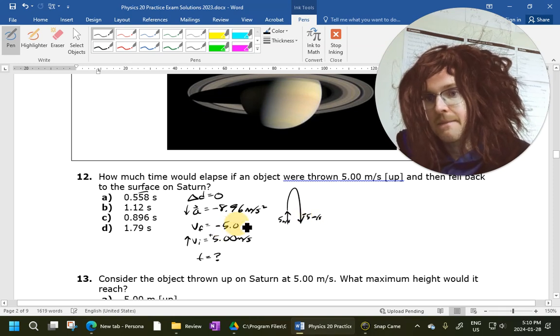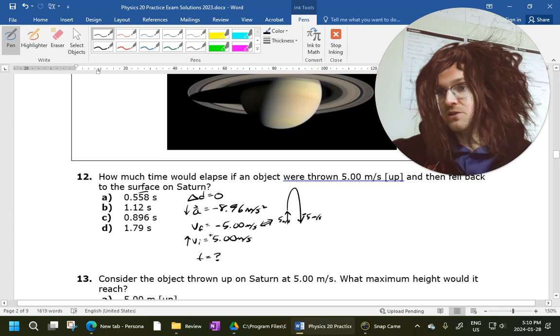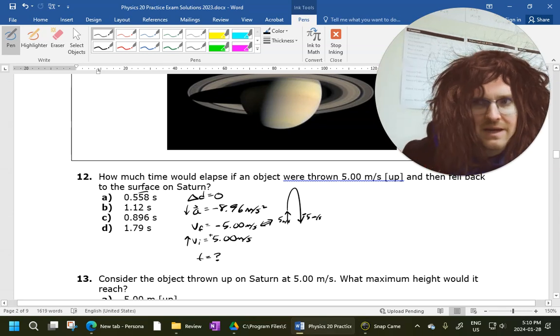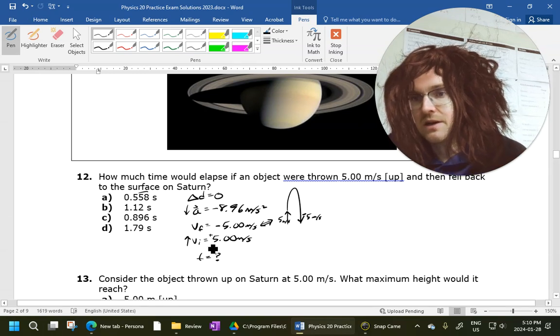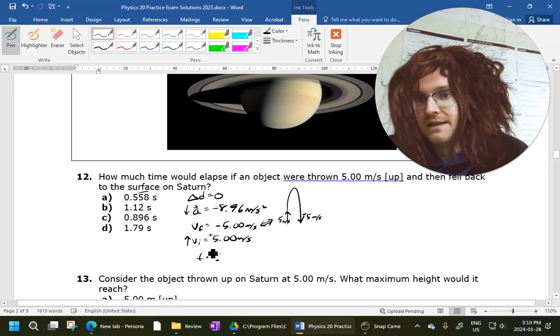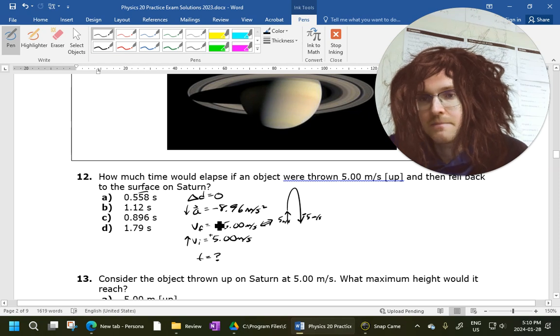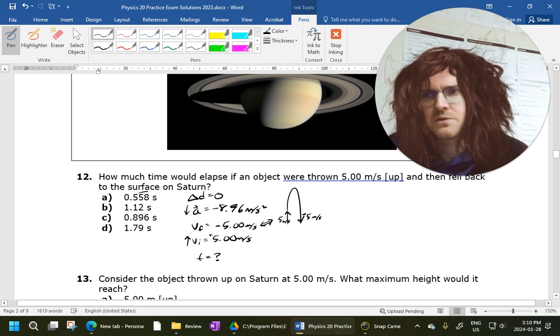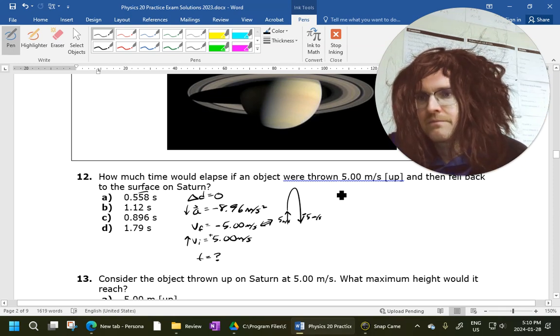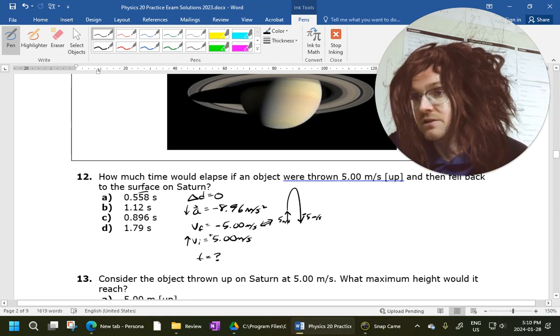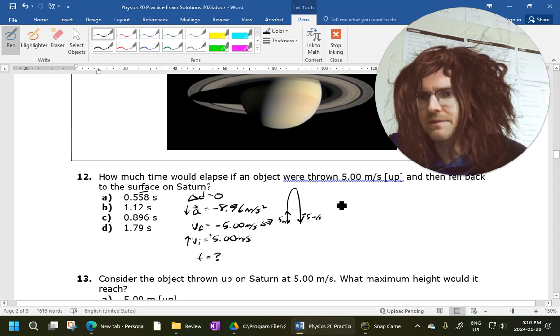So technically, because it's the same height, I could say that my Vf is also negative 5. So actually I can use any formula I want that has a t in it because I have all the information. Probably just wouldn't use the one where you're multiplying by d, because I don't want to end up getting 0.